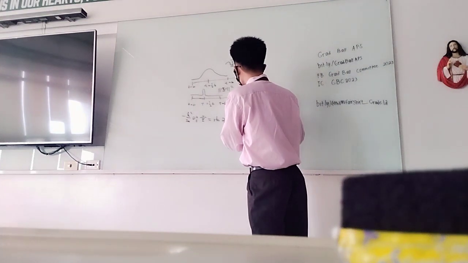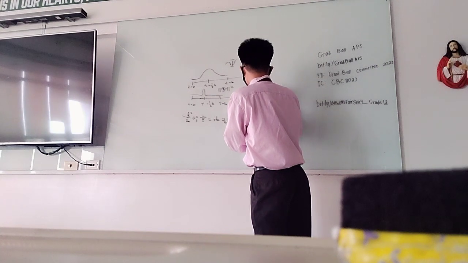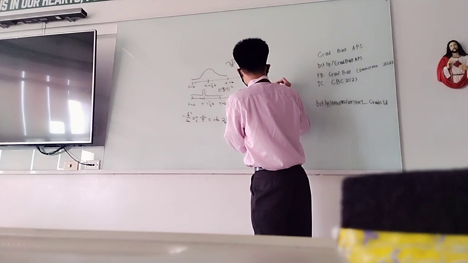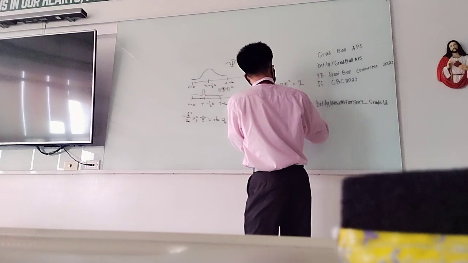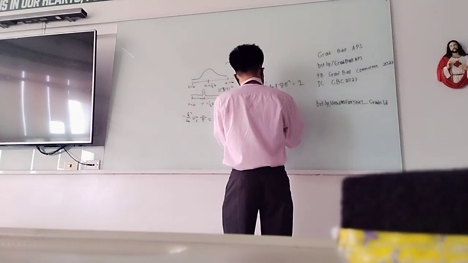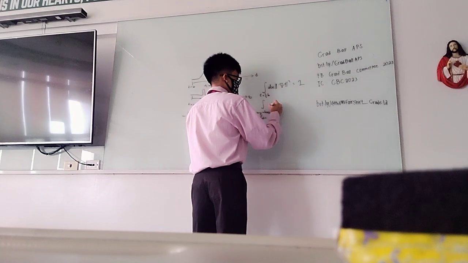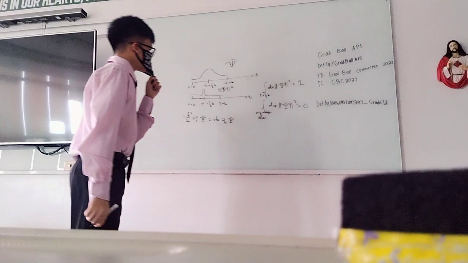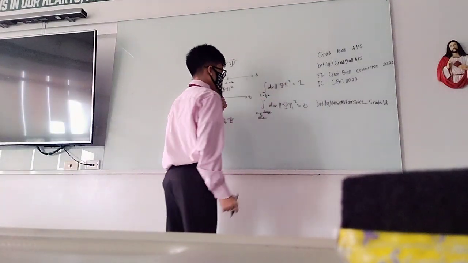So the integral evaluated at t equals 1/2 b with respect to x of the norm of our wave function squared would give us 1. And anywhere else, it would give us 0. Okay, so we want to just replace A with 1/2 B.